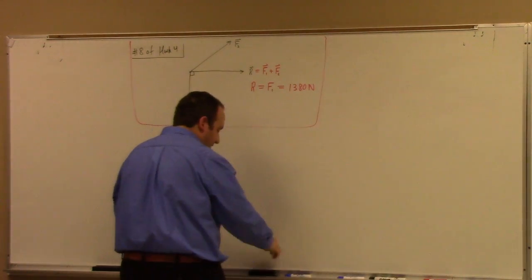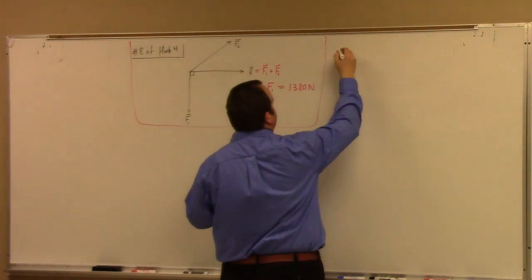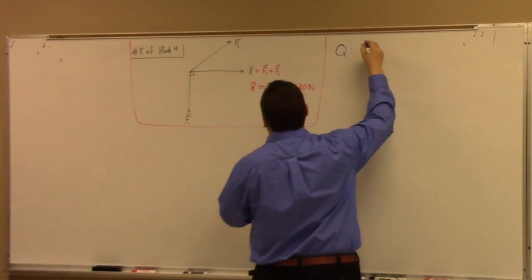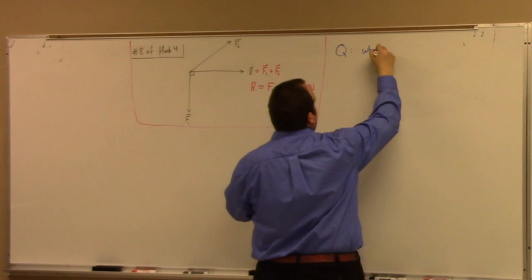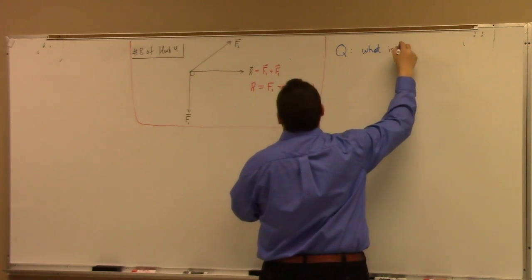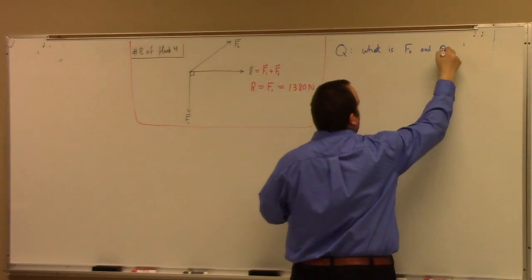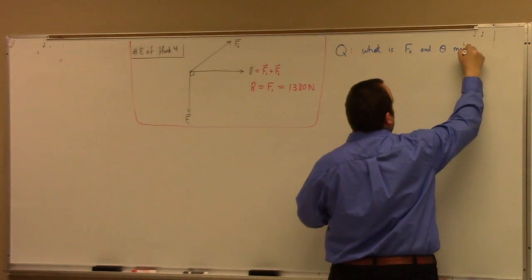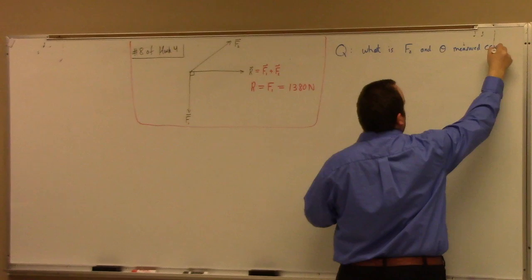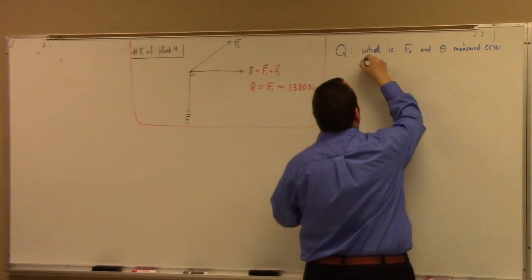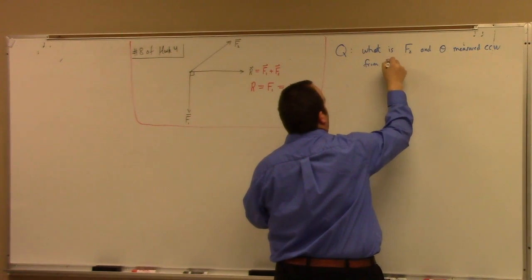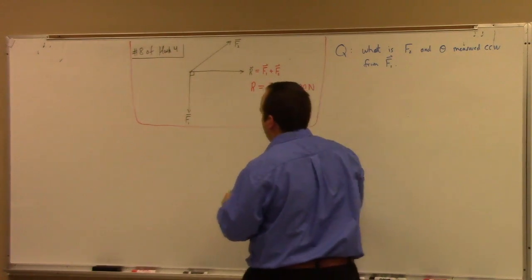The question we're asked is, what is the magnitude of F2 and theta, where this is measured counterclockwise from F1. So I can draw theta here.